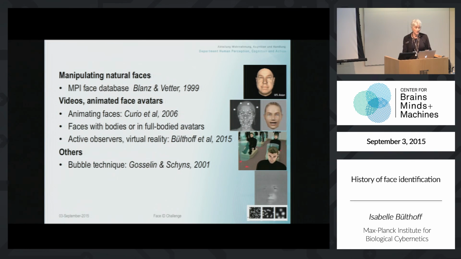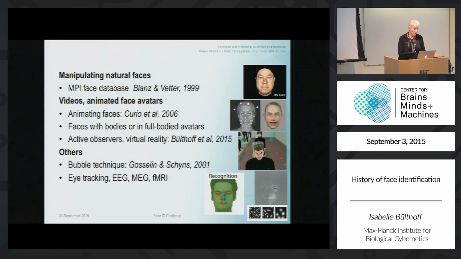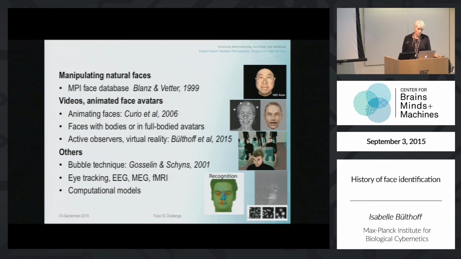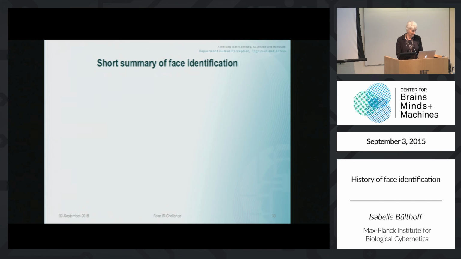Of course, there are many other techniques, for example, the bubble technique that manipulates what is visible in a face. All these techniques, in addition to behavioral studies and, of course, modeling, allow more glimpses and understanding into what underlies face identification.